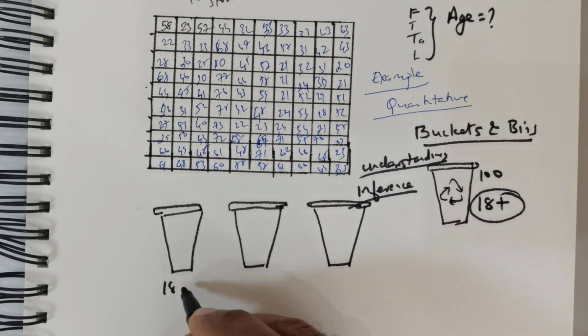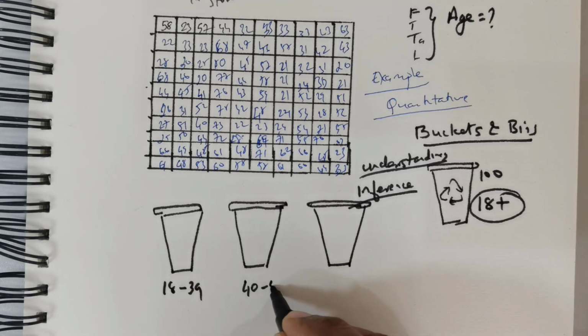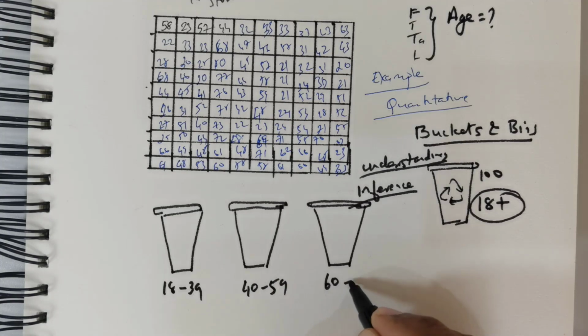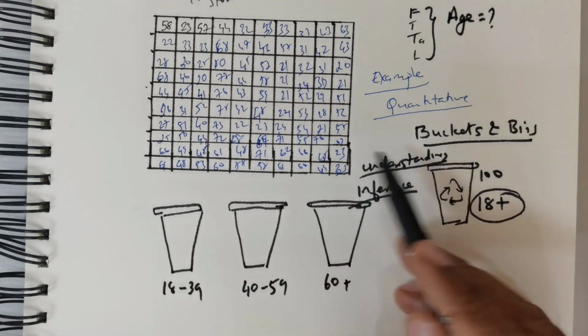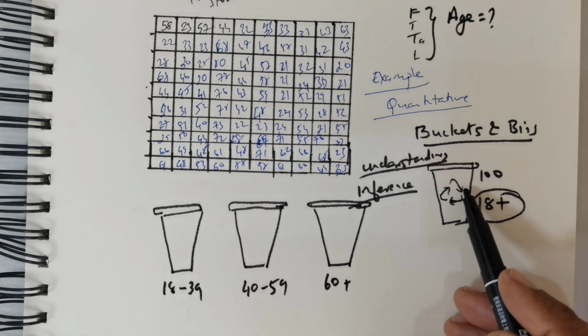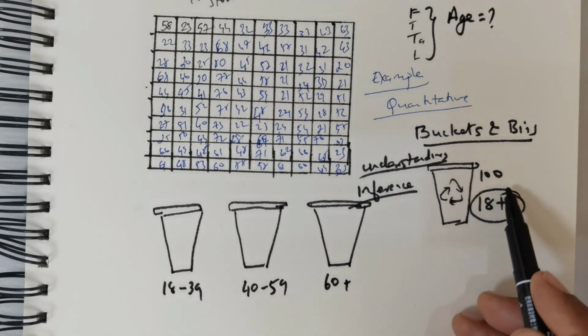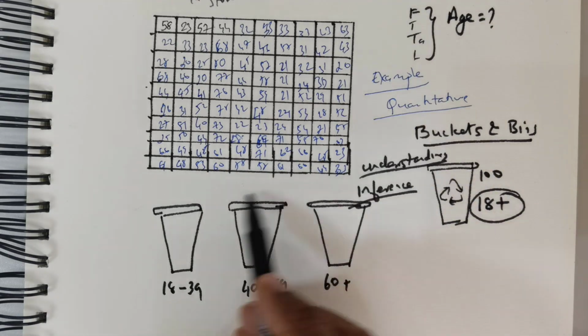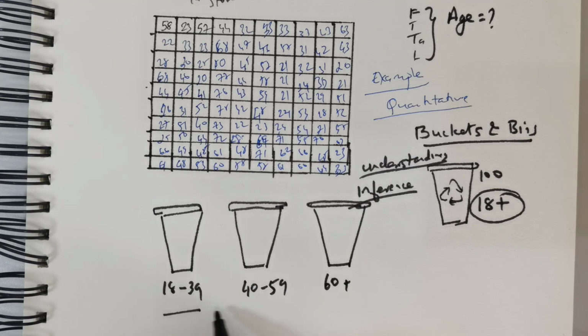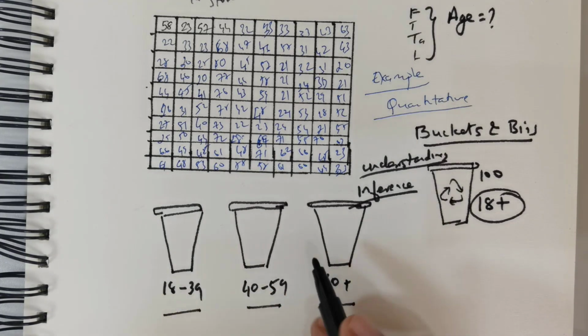I'm going to take all people who are between 18 to 39 years of age, people who are 40 to 59 years of age, and people who are 60 and above. Now this is further division. Initially I put all the data into one bucket, and I got only one inference, one understanding. I don't want that, so now I am going to branch off. This is the level of distribution that I am going to be adopting.